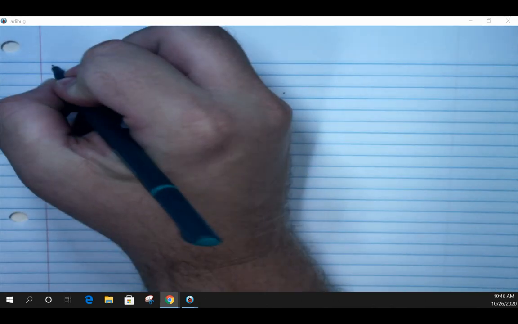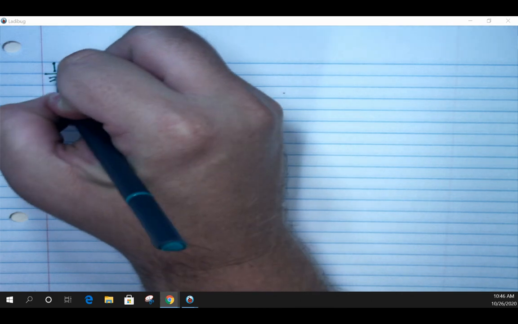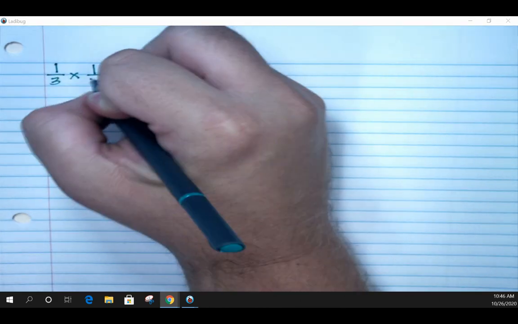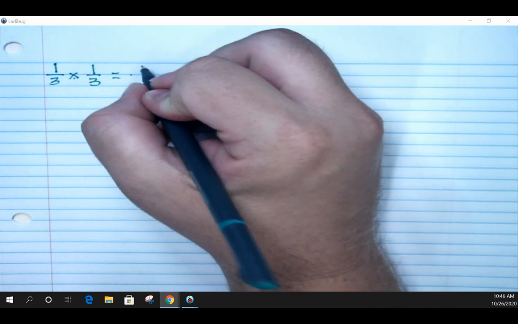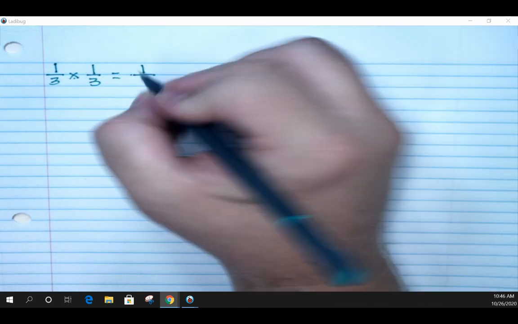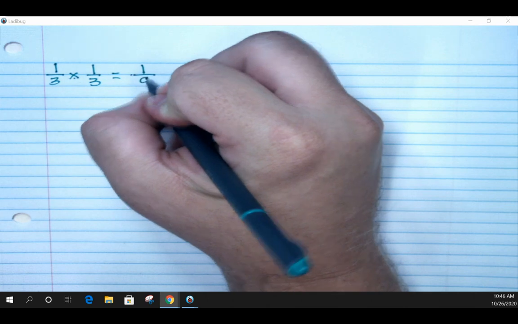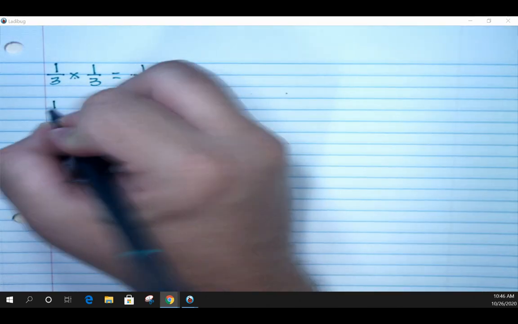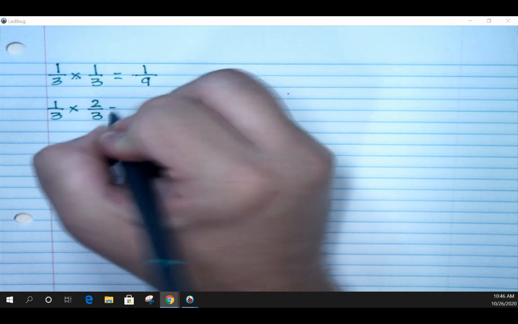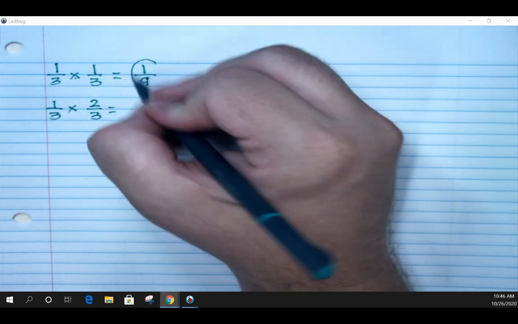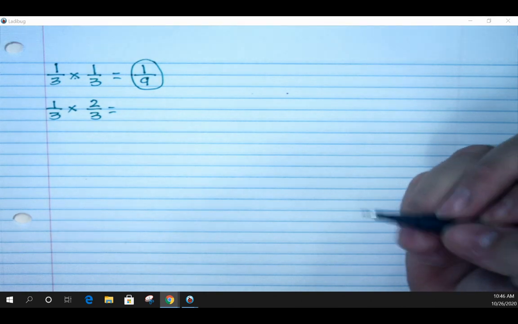Let's do 1/3 times 1/3. 1 times 1 is 1, 3 times 3 is 9. Let's do 1/3 times 2/3. How do I know this is simplified, by the way? Because the numerator's 1.